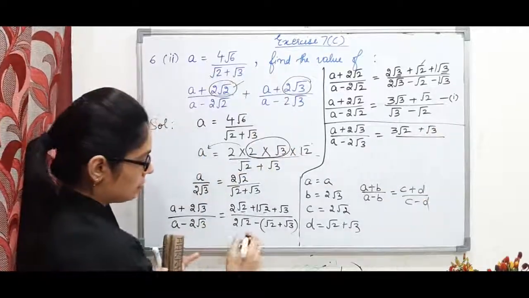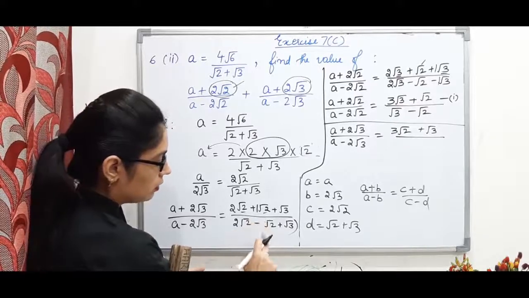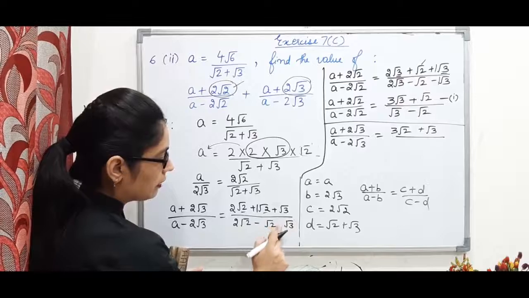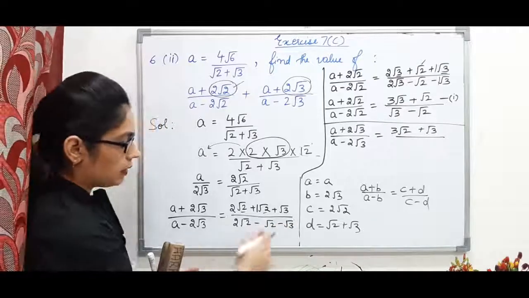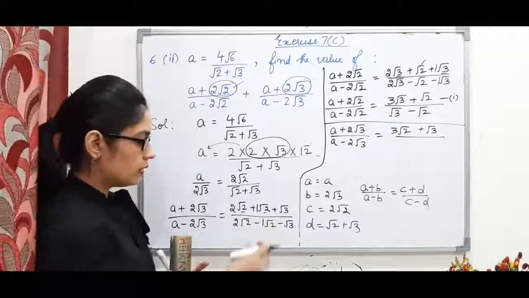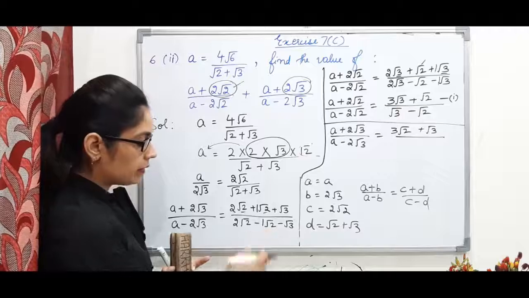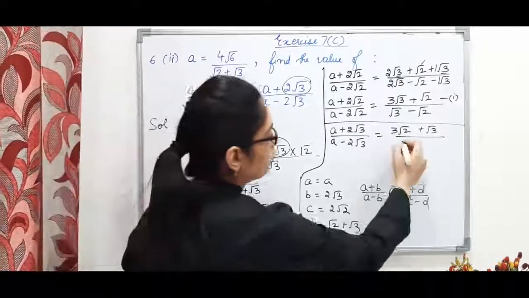Here this will become 2 root 2 minus, with this minus sign outside the bracket, which means the signs inside will get changed. So it will become 2 root 2 minus root 2. These two are like terms, so we can subtract. 2 minus 1 is 1, root 2 as it is I have to write.